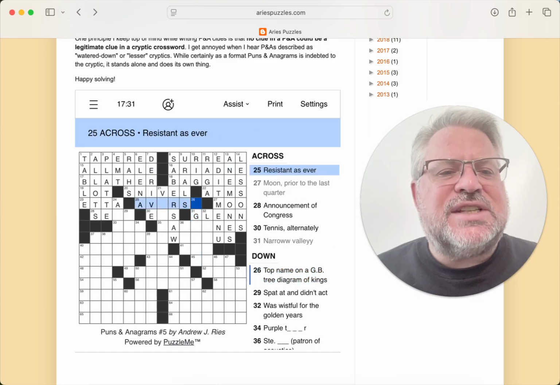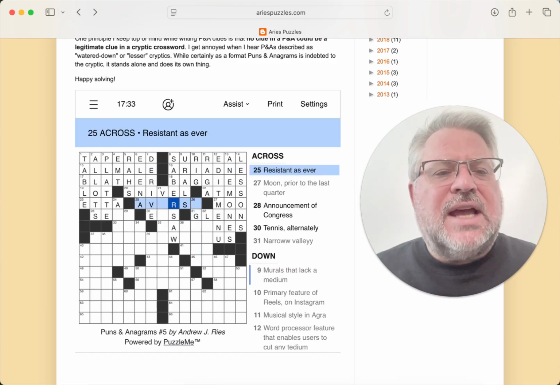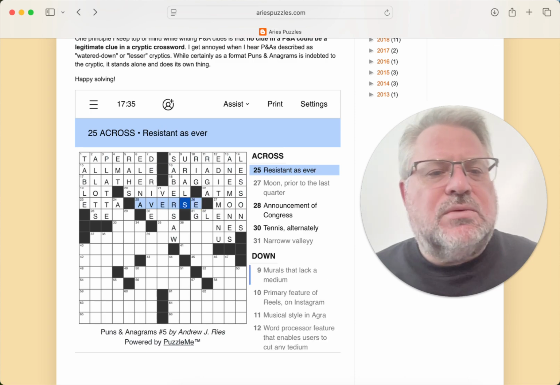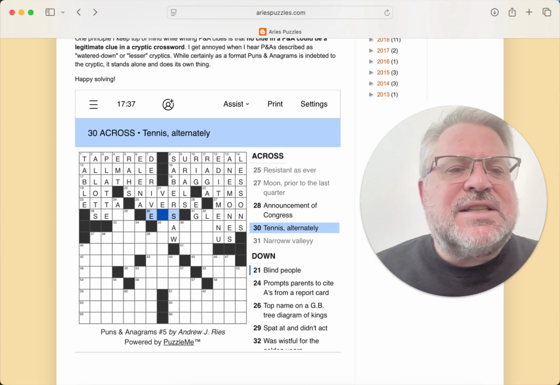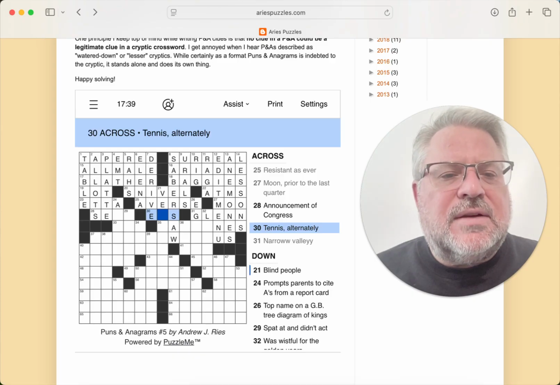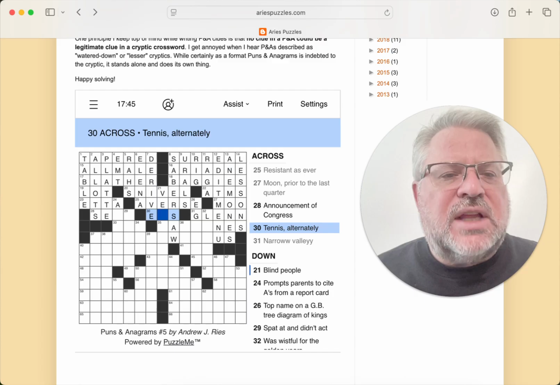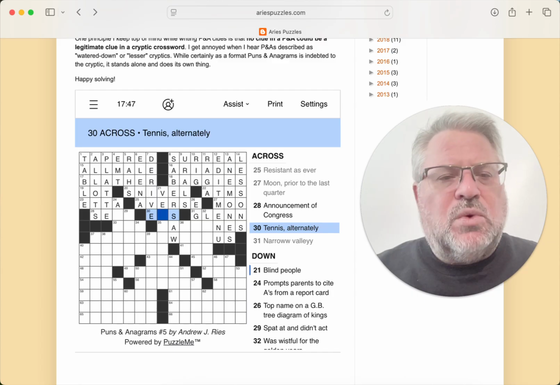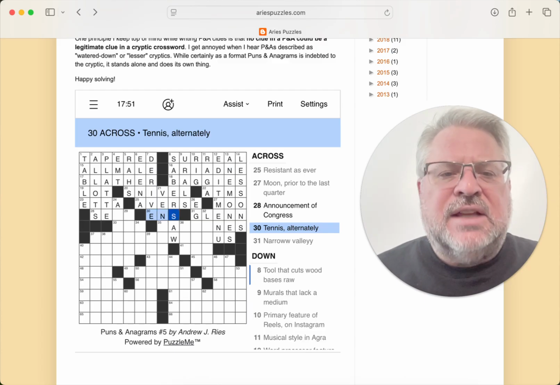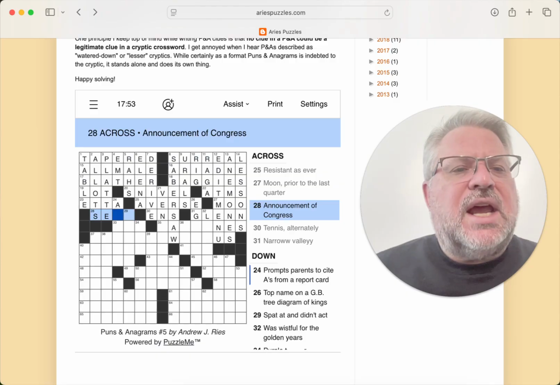25 across. Resistant, as ever. As ever is a verse, which means resistant. 30 across. Tennis, alternately. I think we are taking every other letter from the word tennis, which is E-N-S, and we just get N's there. I think that's right. 28 across.